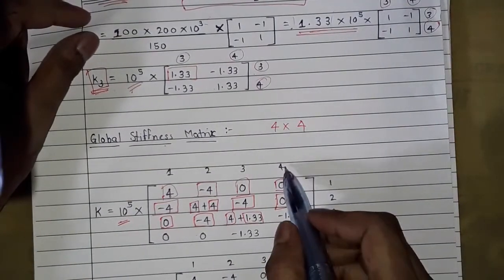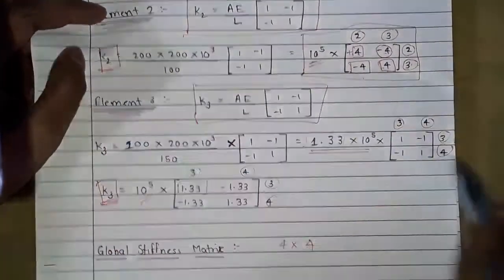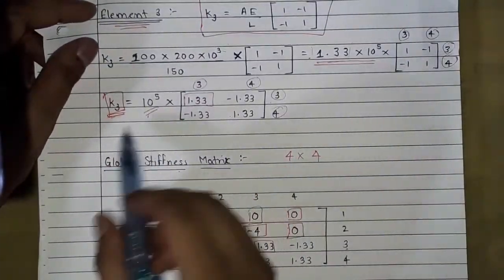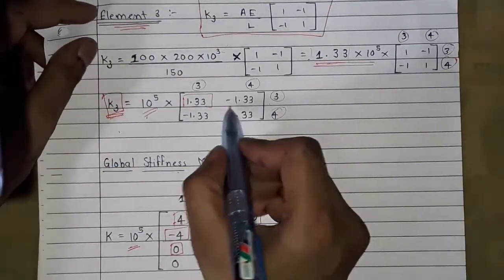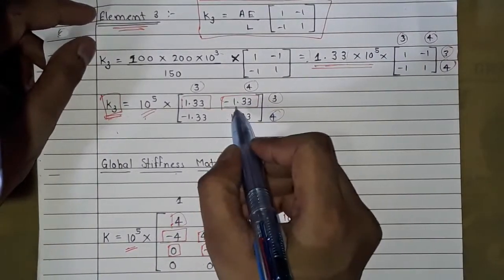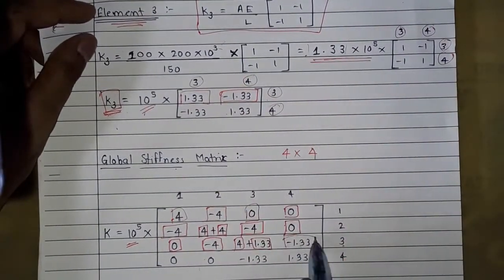Now for fourth column third row, there is no fourth column and third row in K1 and K2. So in the K3 the fourth column third row has value minus 1.33, this one.